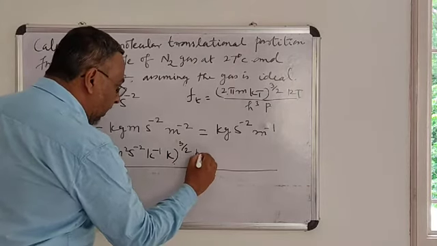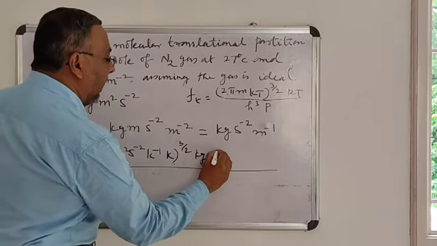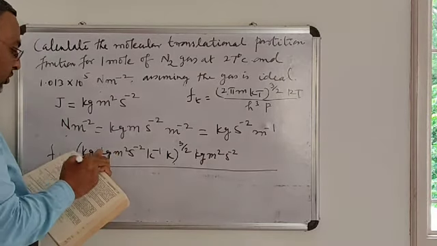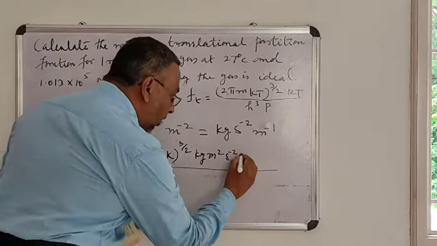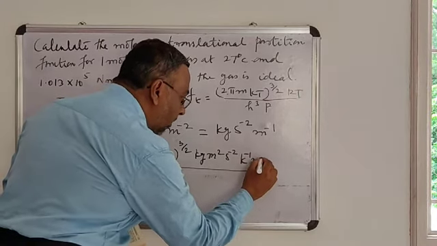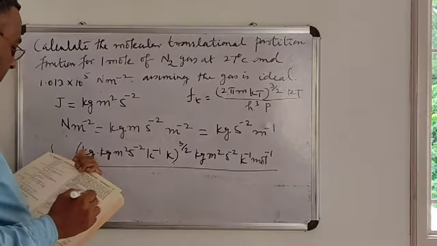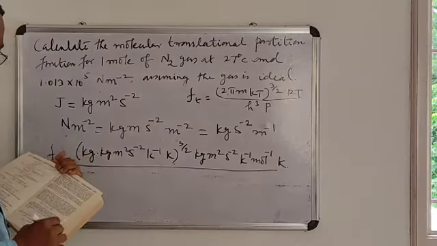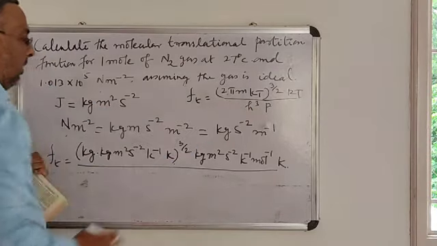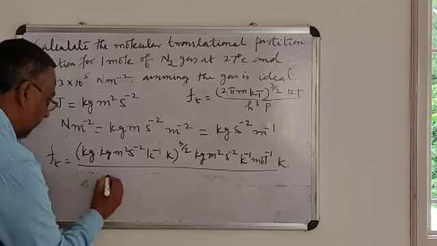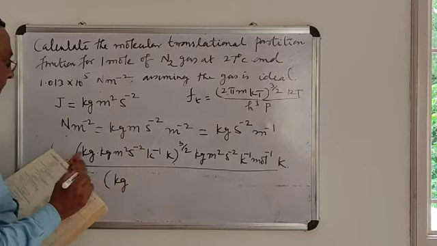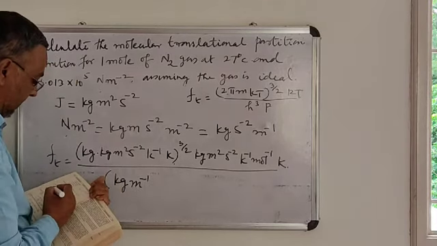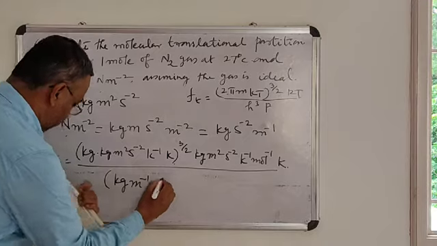Joule is kilogram meter square second power minus 2. This is joules per Kelvin per mole, and temperature Kelvin. Divided by Planck's constant, its unit is kilogram meter power minus 1 second power minus 2.